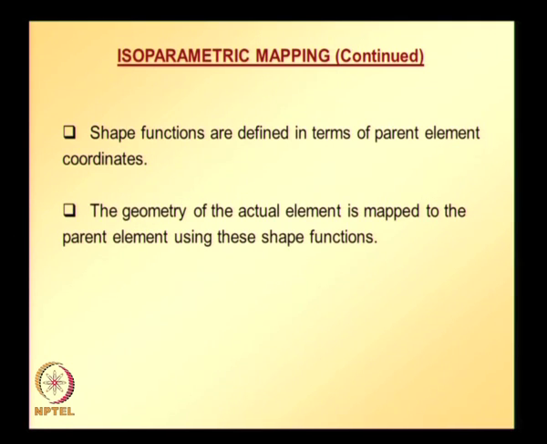Then the geometry of the actual element is mapped onto the parent element using these shape functions. If you recall, earlier we have written x is equal to sigma ni times xi for one dimensional problem. Similar kind of expressions we can write for two dimensional problem, except that for two dimensional problem we have x and y coordinate system.